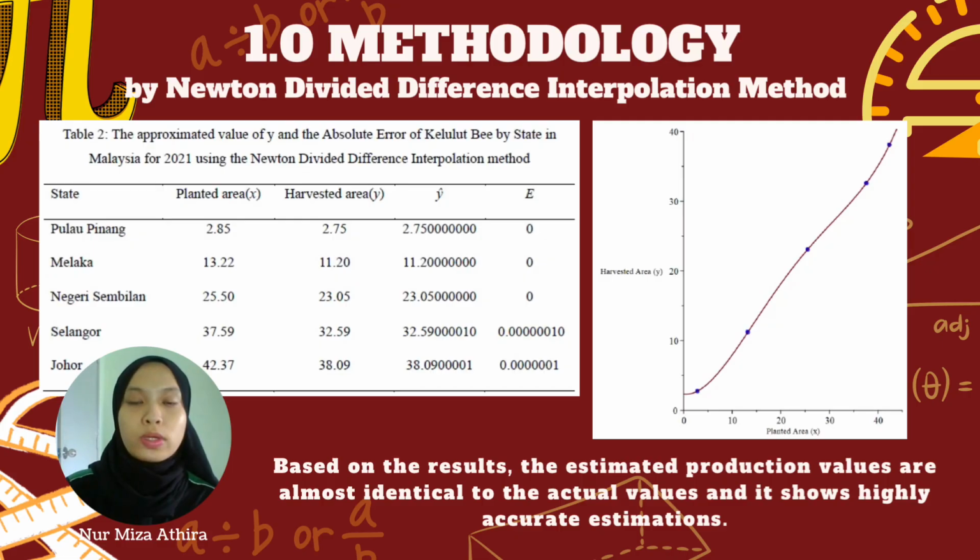From the slide, we can see that the states of Pulau Pinang, Melaka, and Negeri Sembilan have exactly zero for the absolute error values, which means these three states recorded the lowest absolute error, while both Selangor and Johor have 1.0 times 10 to the power of negative 7, which means these two states recorded the highest absolute error values.